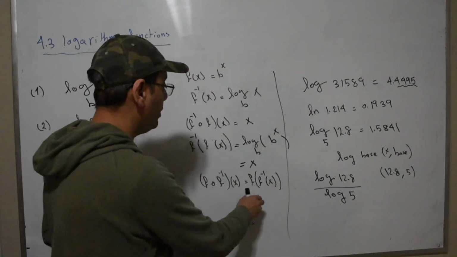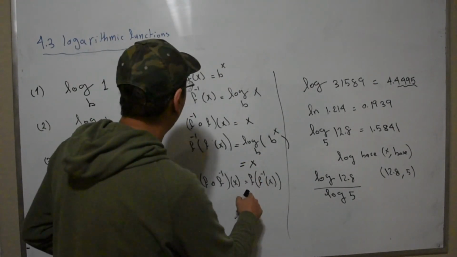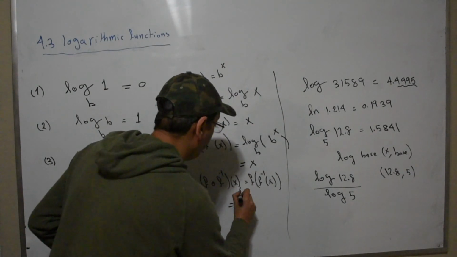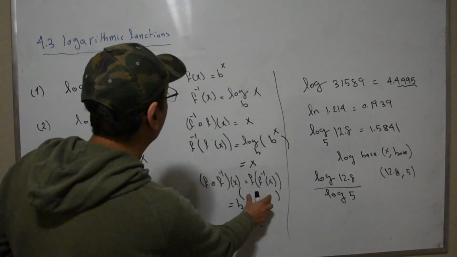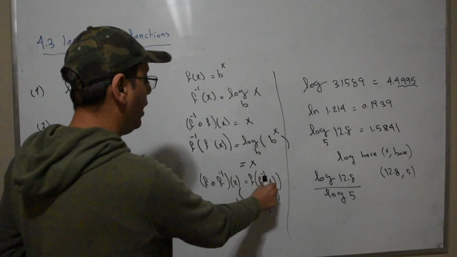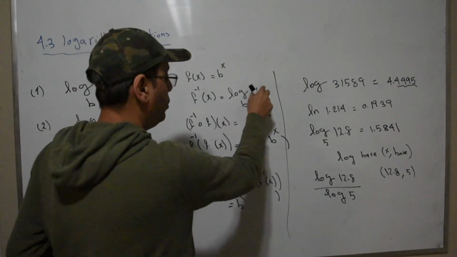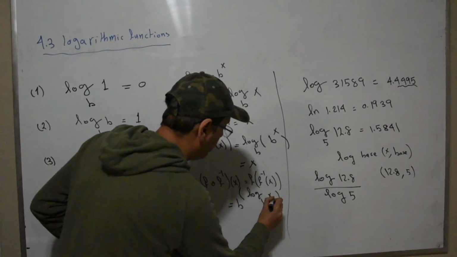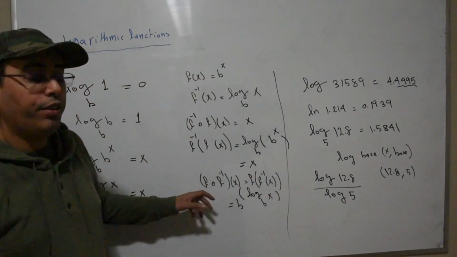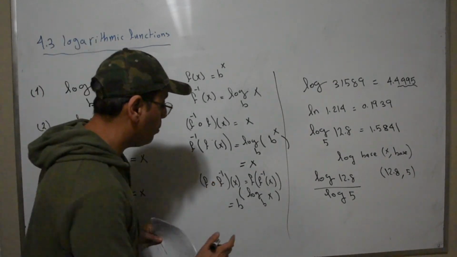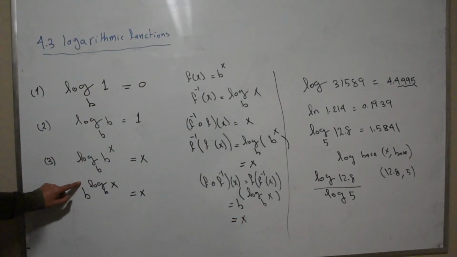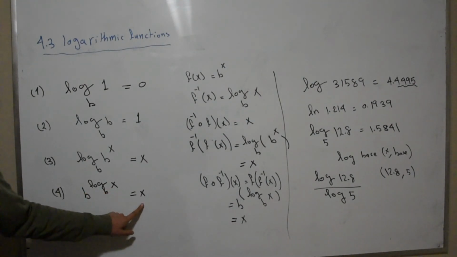Again, this is the same idea, but I start with f, which is b to the x, first. So this is b to the power, and I keep the exponent empty here, and I plug in f inverse, which is log base b of x. So I have b to the log base b of x. And again, f and f inverse are the inverse of each other, so I must get x. That's why b to the log base b of x equals x.